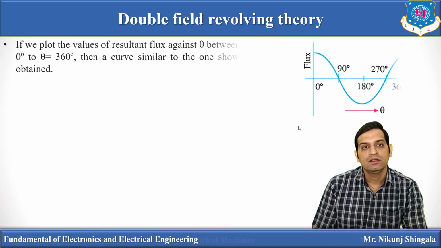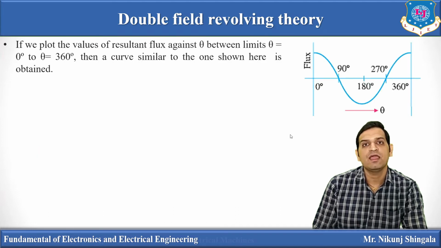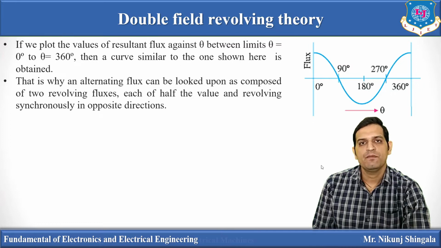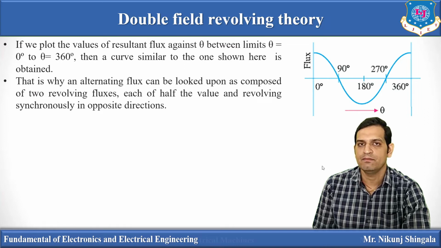If we plot the resultant flux against theta, for theta between 0 and 360 degrees, we obtain this kind of curve, which is nothing but the pulsating curve. So an alternating flux can be looked upon as composed of two revolving fluxes, each having half the value and revolving synchronously at the same speed in opposite directions. Suppose the flux in one direction is the forward flux; then that in the other direction is the backward flux.